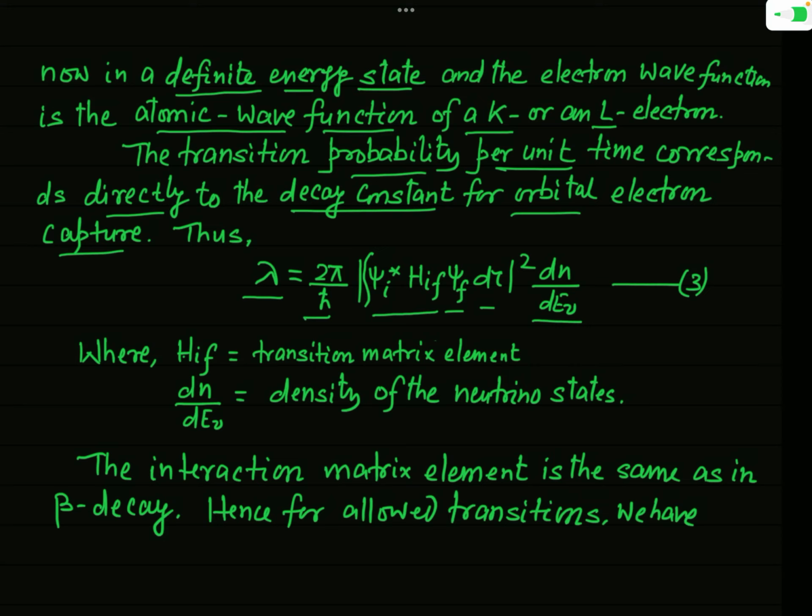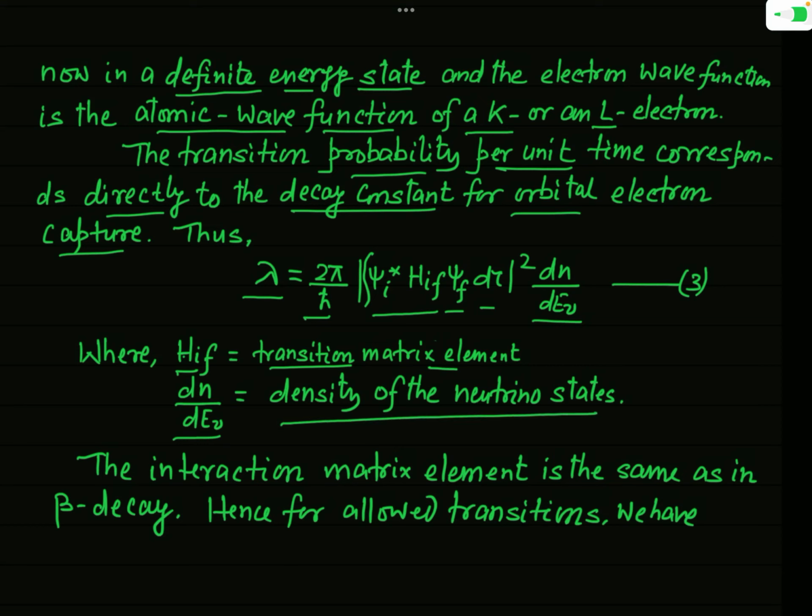This formula I have written here directly, but you have seen how this formula is obtained in the previous lecture on the beta decay process. And you know that H_if is the transition matrix element. And what is dN/dE_ν? This is the density of neutrino states.